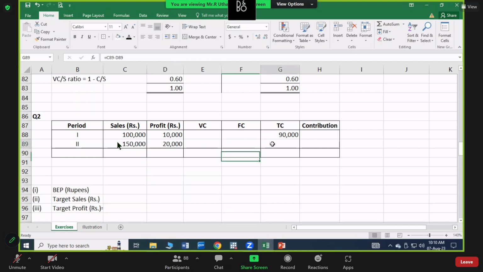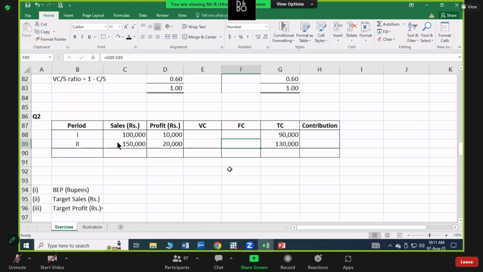So the total cost should be 130,000 for this period. But still you have no idea how to get them separately.